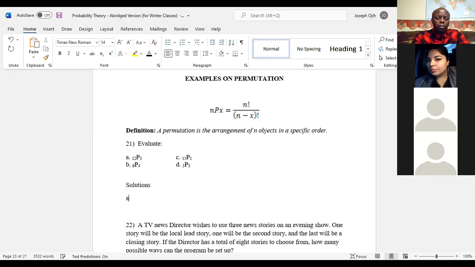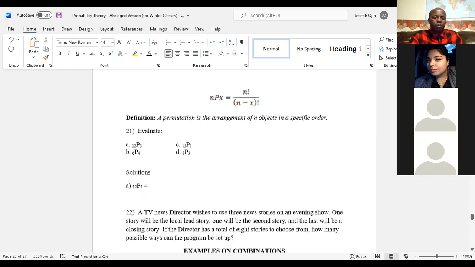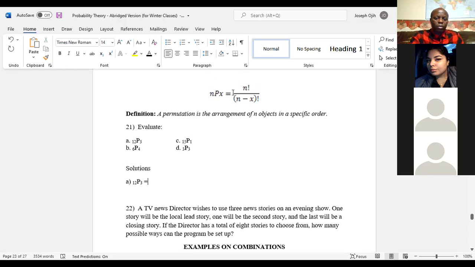That's part A. 12 permutation 3 equals, it means 12 factorial divided by 12 minus 3 factorial.